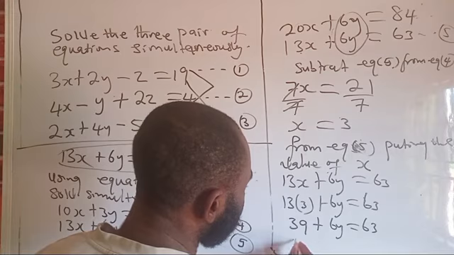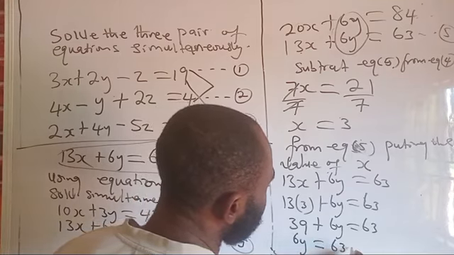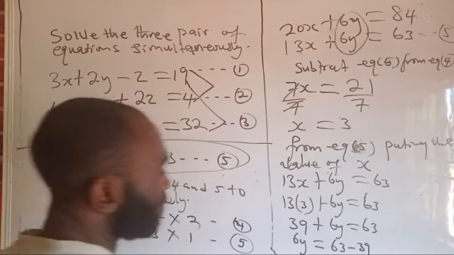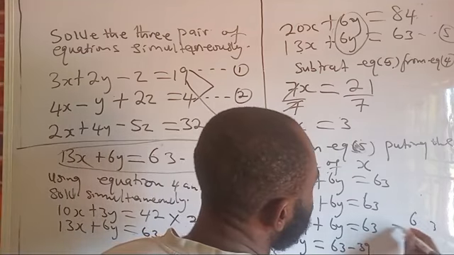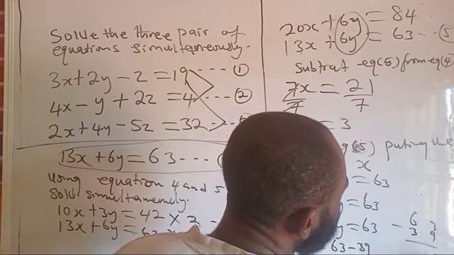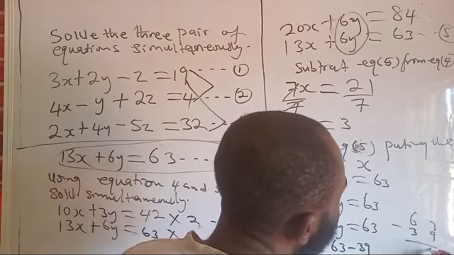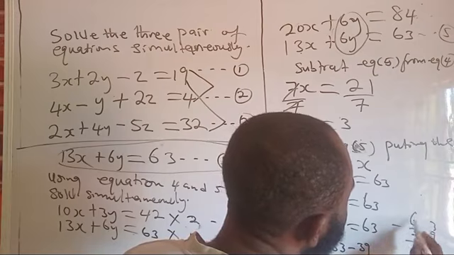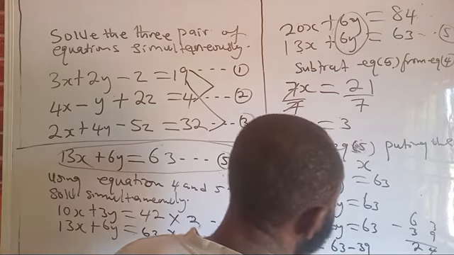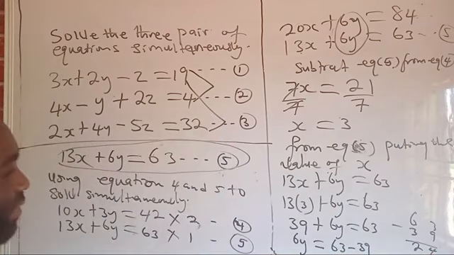And 6y is equal to 63 minus 39. So 63 minus 39, borrow 1 here, that makes it 13. 13 minus 9, that gives us 4. So remain here 5. 5 minus 3, that gives us 2.